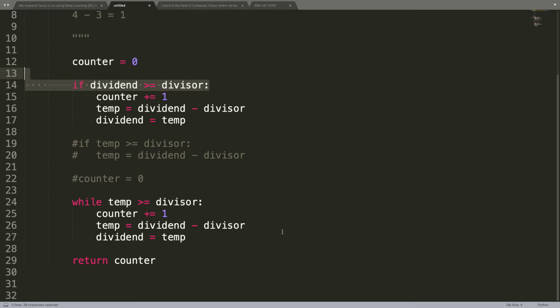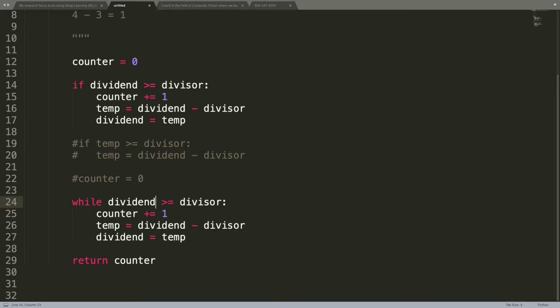Y temp greater than or equals to divisor. Let's look at it. What's my temp? I think it should be dividends. It should be dividends, because that is changing.